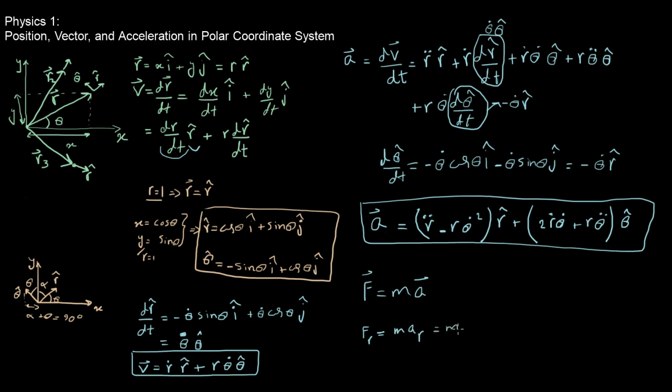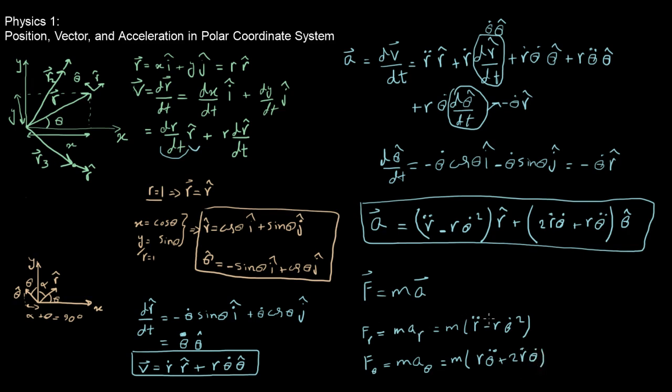It's equal to m times r double dot minus r theta dot squared. And the other component is usually called tangential, so it's F theta equals m a theta, and a theta is that. It's equal to m times r theta double dot plus 2 r dot theta dot.